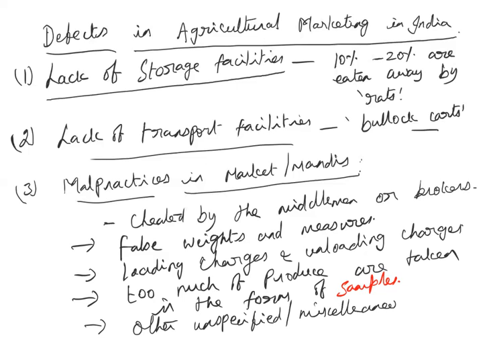You have to pay for this, you have to pay for that. Like that, they cheat the farmers in so many ways, because these farmers are ignorant. And they take too much in the form of commission also. These are some of the malpractices indulged in by the brokers or middlemen in the market. Again, because of this reason also they are selling in the local mandis.